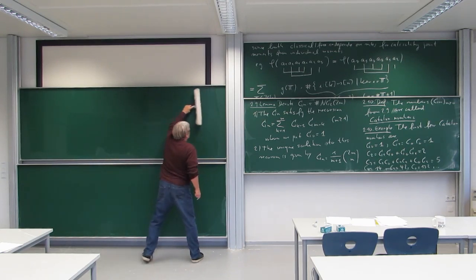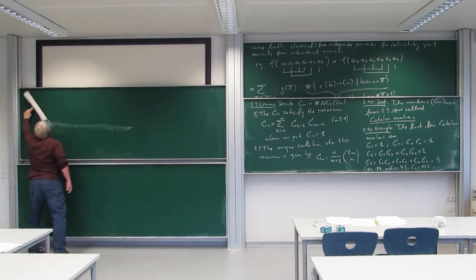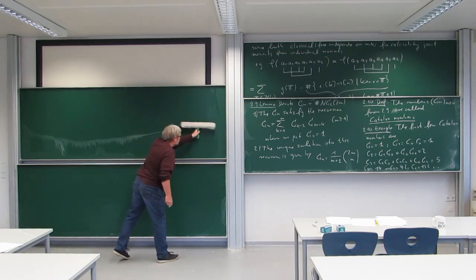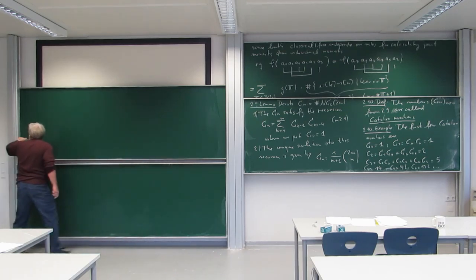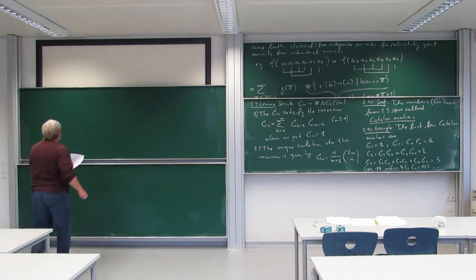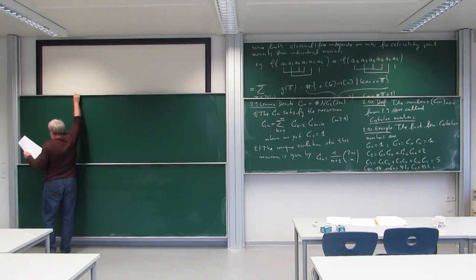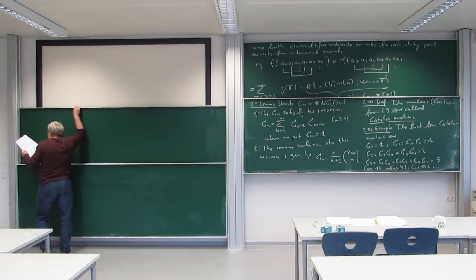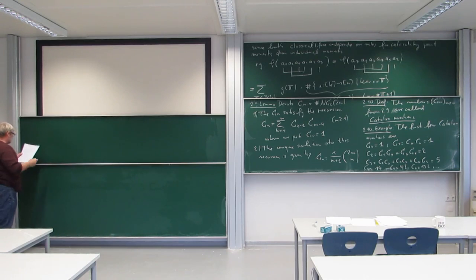Good, so what do we want to do? We want to count non-crossing pairings of the numbers 1 up to 2n, and we do this in a recursive way.